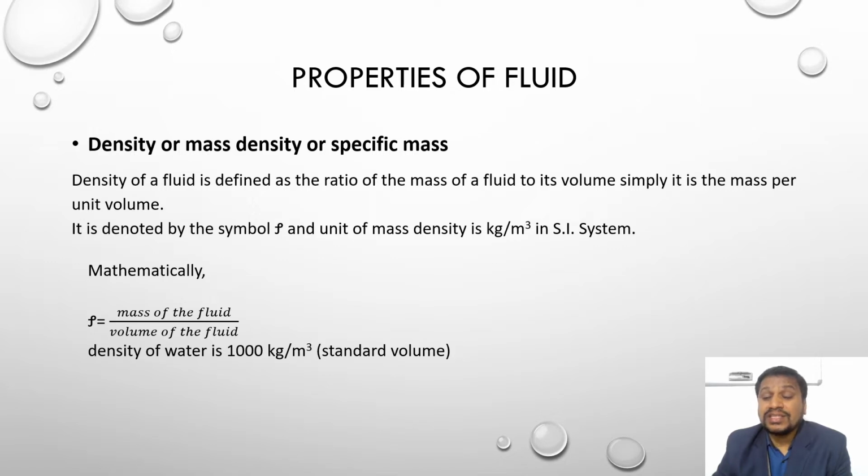It takes the shape of the container in which it is kept. Fluid may be liquid or gas. So, a fluid is a substance which continuously deforms under the action of shear stress.